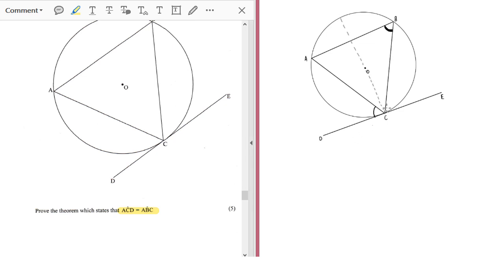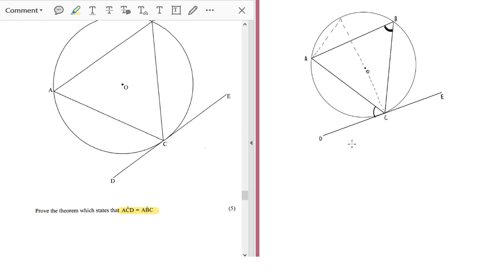Once we've drawn in our diameter, we then need to join this diameter to one of these vertices, either the vertex A or the vertex B. We always join it to the vertex away from the angle that we're trying to prove. We're trying to prove this angle B over here, so we need to join away, which is going to be joining to A. Okay, so we just need to put a point over there.